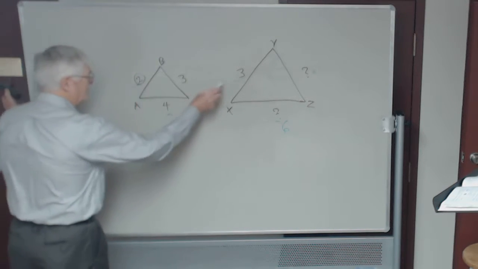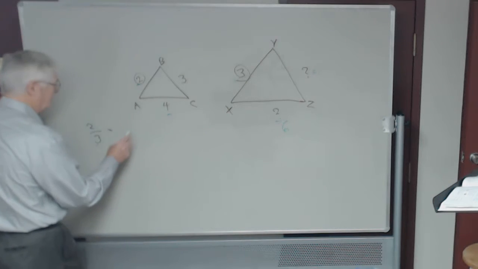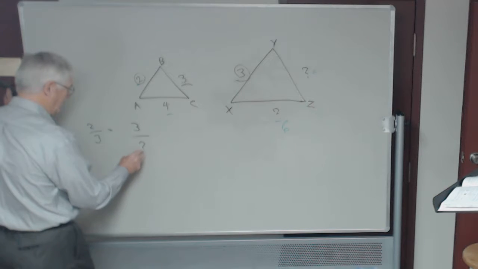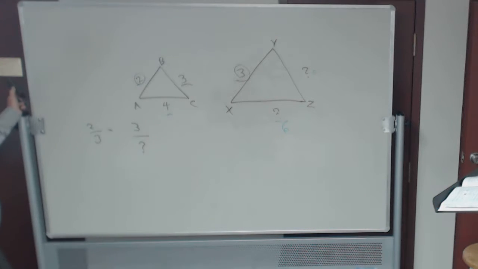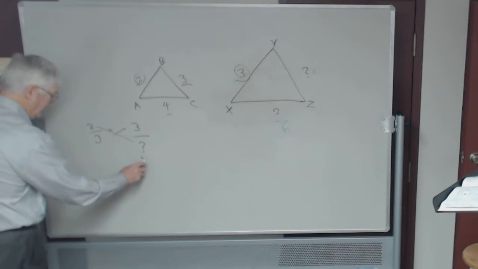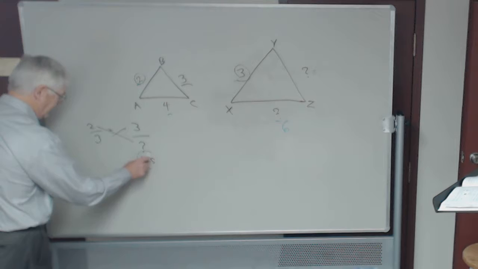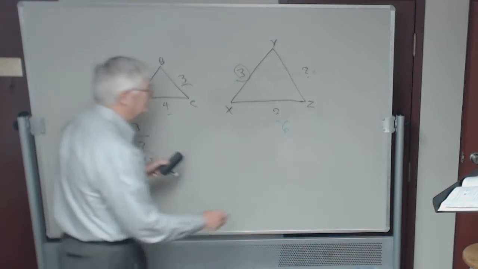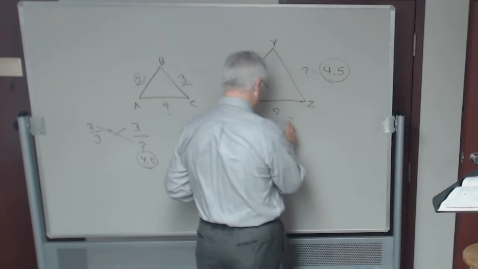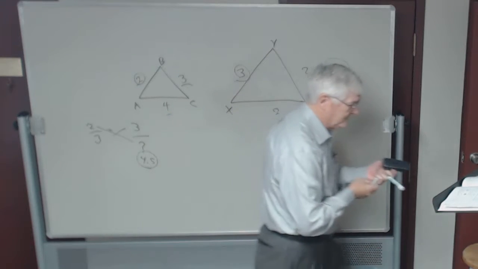This 2 over this 3 equals this 3 over question mark. Agreed? So 3 times 3 is 9. 2 times question mark would have to be 4.5. So this is 4.5. And this is 6. Wasn't that fun?